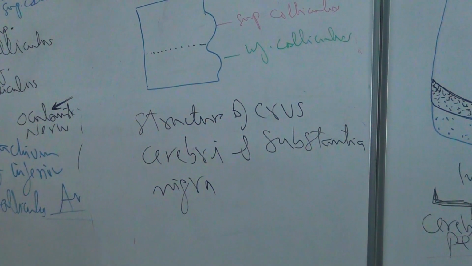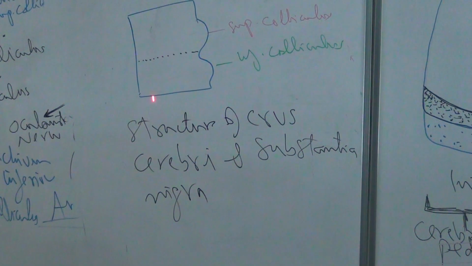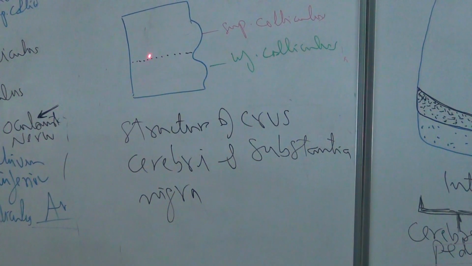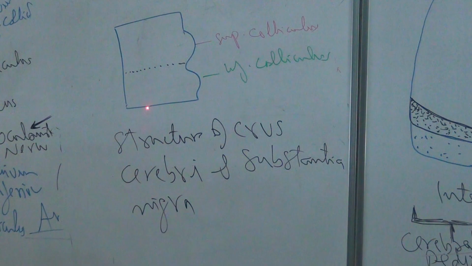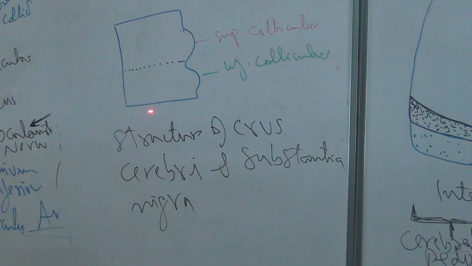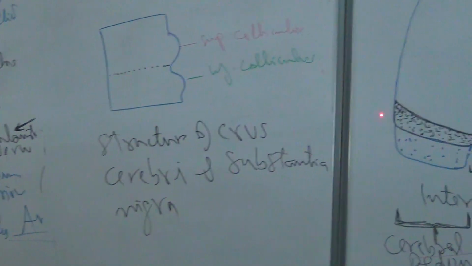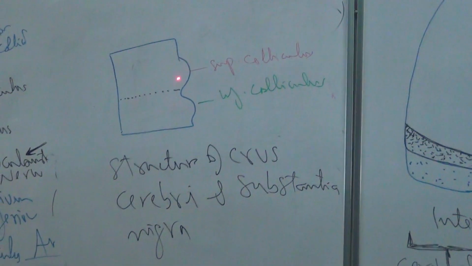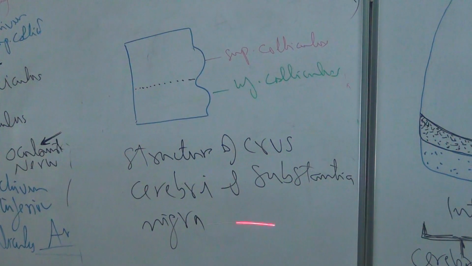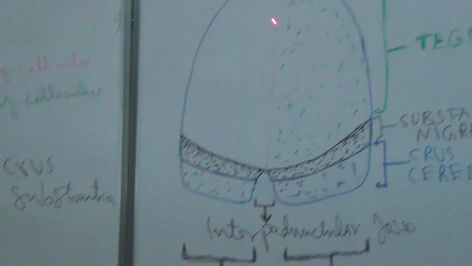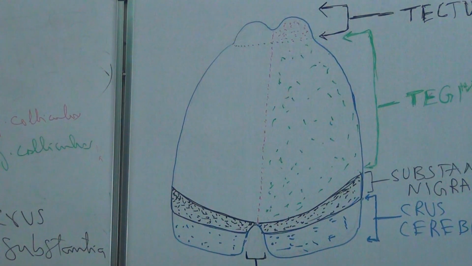There are no structural differences in the crus cerebri and in the substantia nigra throughout the midbrain, from its upper end to the lower end. There is no structural difference of crus cerebri and substantia nigra in the upper half and lower half. The structure is the same, but the structure of tegmentum and tectum vary.